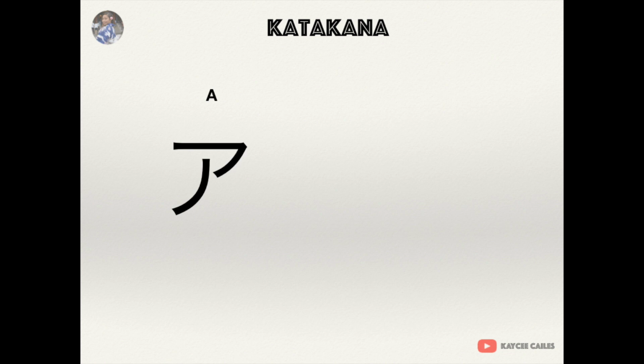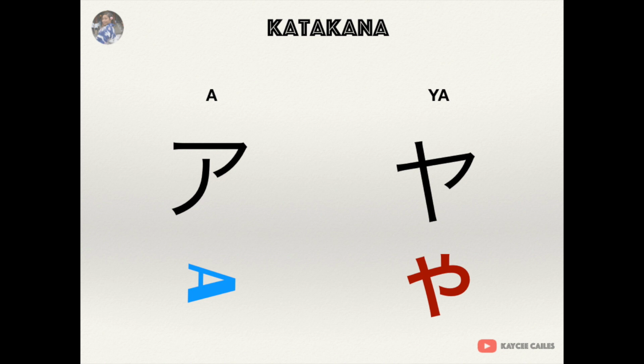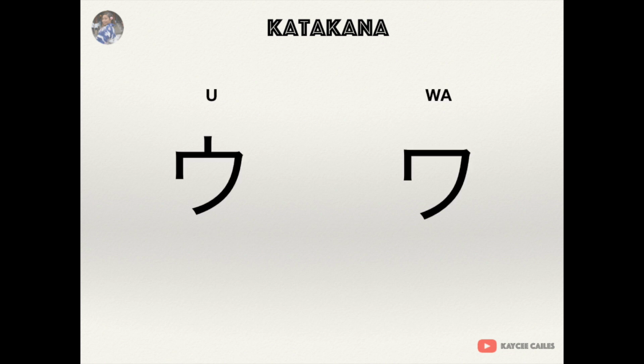And now, let's take a look at the katakana characters which somehow look similar, and we will differentiate one from the other. First, we have a and ya. Remember that a looks like a slanting letter A, and then ya looks like its hiragana character, but it's more angular. Next is u and wa.